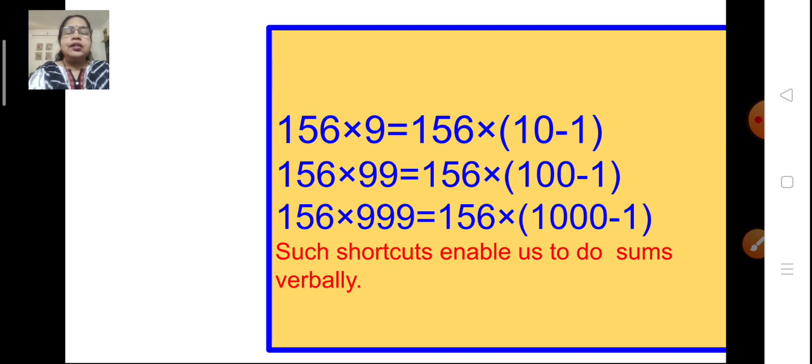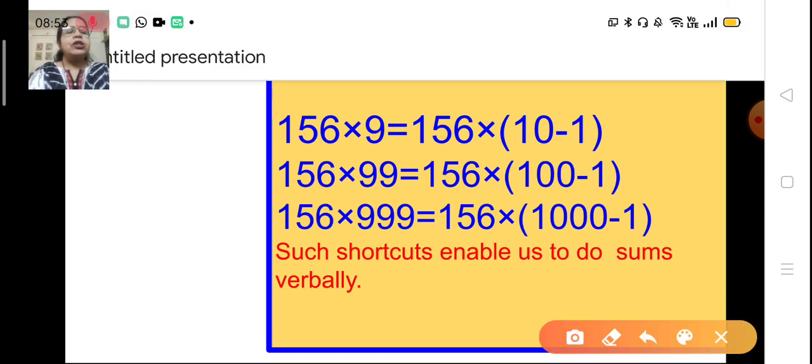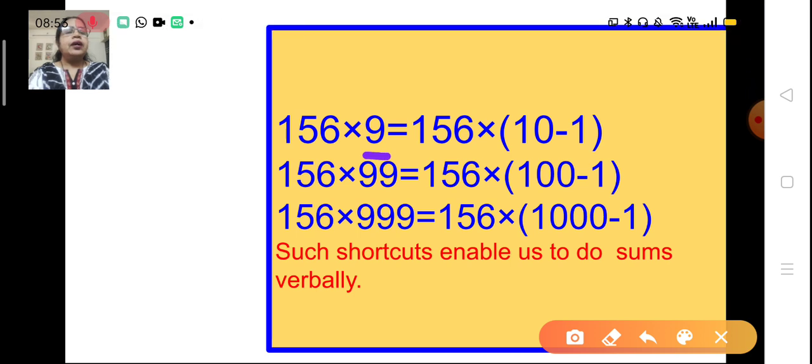Okay, let's discuss how we do them, and if you have done them, check whether your answers are right or not. Now, let's see the first one. It is 156 multiplied by 9. In place of 9, we take 10 minus 1, and multiply 156 with that by using the distributive property.